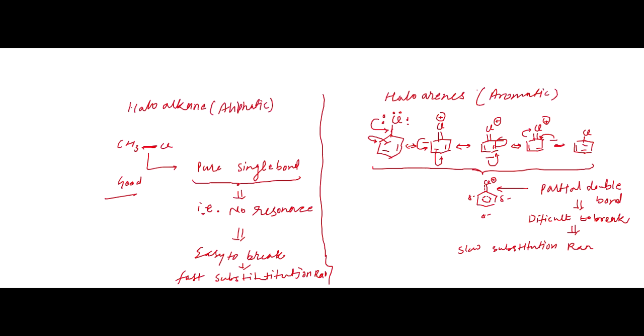These are halogen substituted hydrocarbons. Aliphatic hydrocarbons are more reactive towards substitution reaction compared to halogen substituted aromatic hydrocarbons. Why? Because there is partial double bond character in the halogen substituted aromatic hydrocarbon.